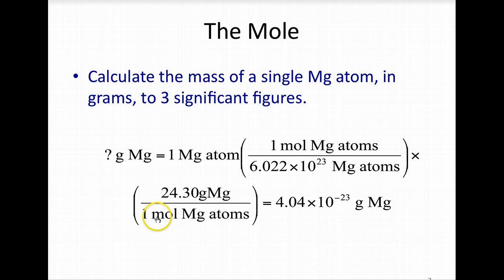And now I can cancel out moles of magnesium atoms with moles of magnesium atoms, and I'm left in a unit of grams of magnesium, which is what I was looking for in the first place. If I multiply the tops and multiply the bottom and then divide, I get 4.04 times 10 to the 23rd grams of magnesium. That is how much one single atom of magnesium weighs. Very, very small.